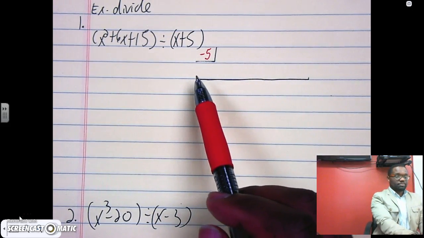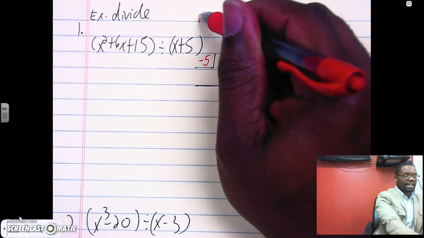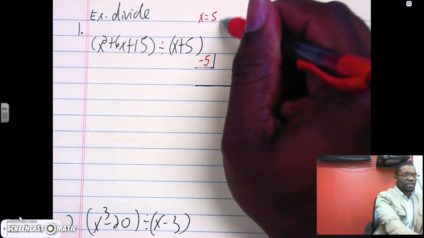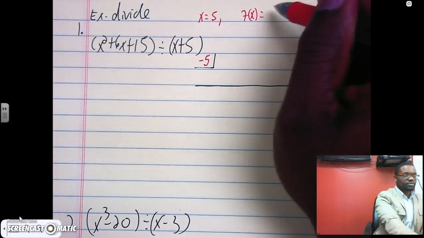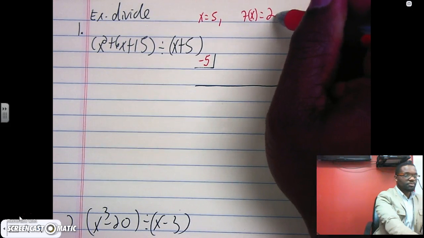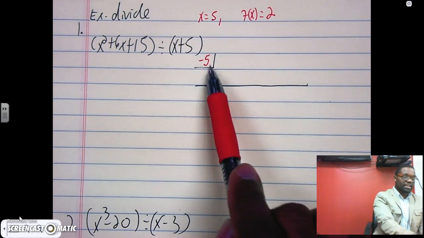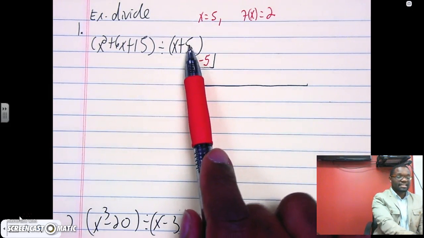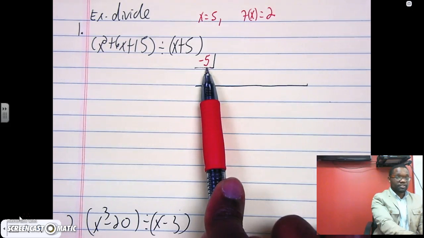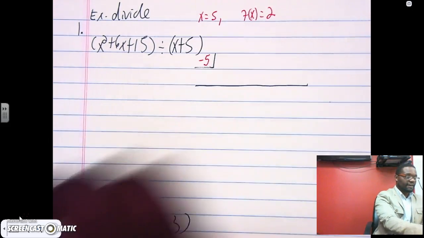Now, what I'm telling you when you look back at the notes is that if I tell you that x equals 5, or if I tell you that f of x equals 2, if I tell you the value to use, then you use that right here. But whenever you're given a polynomial, you have to change the sign when you use synthetic division. That's very important. It depends on what's given to you.